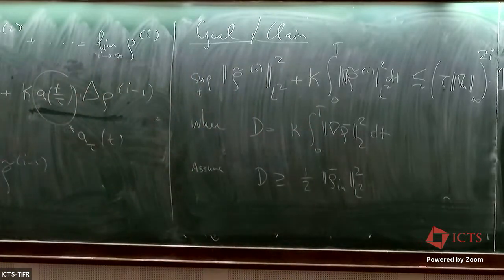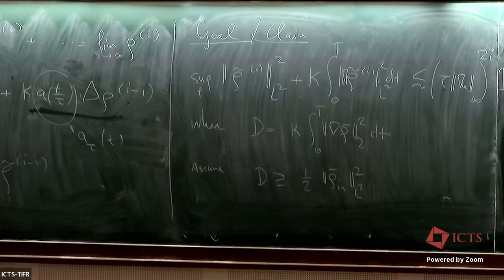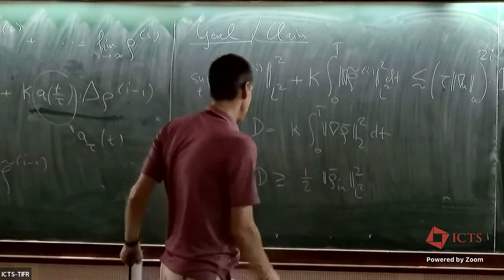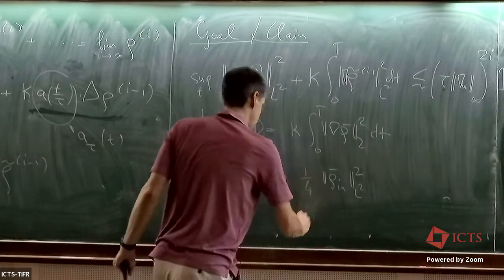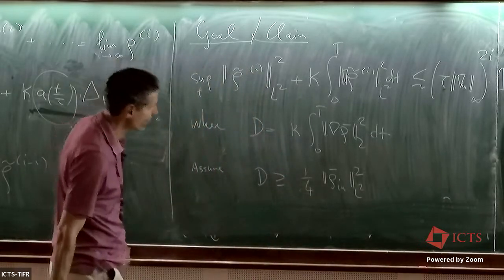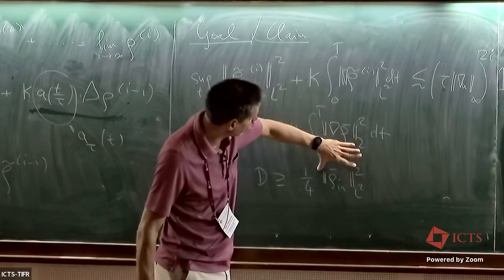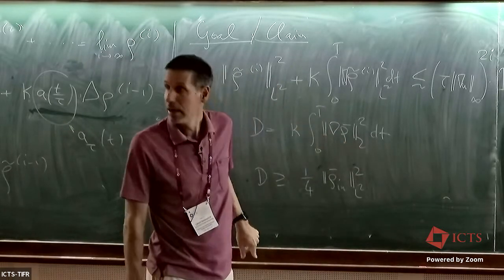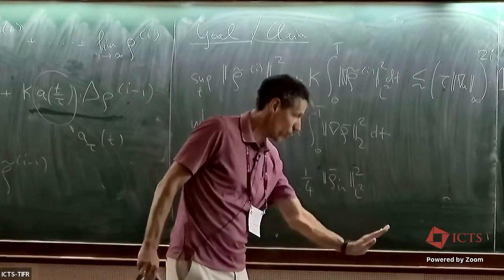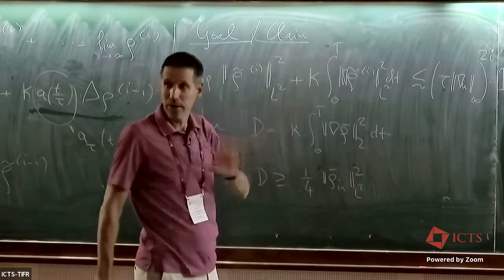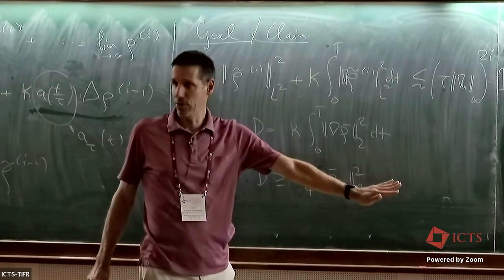You see, we have the energy equality for the rho bar, so that the energy at time t is equal to the energy at time 0 minus d. But you want to consider times where there is already some dissipation that happened.